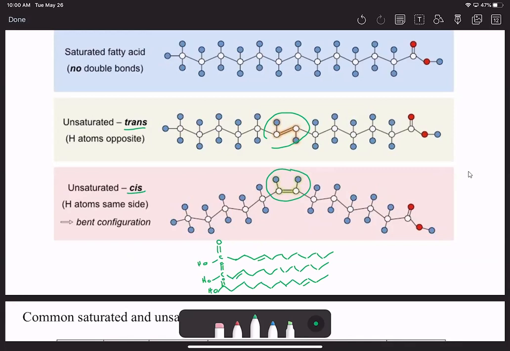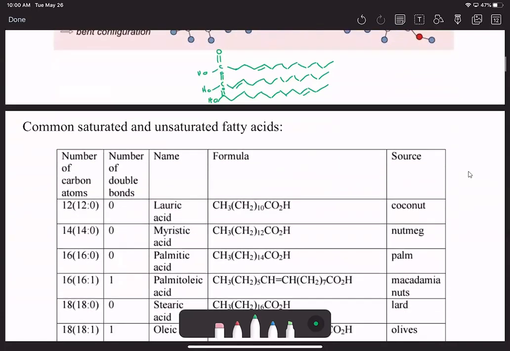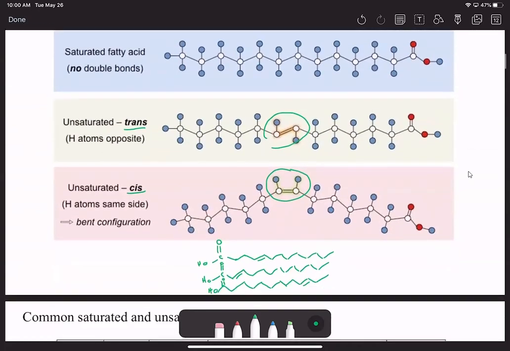but cis fatty acids, you'll notice, are liquid at room temperature, right? It's not like lard. We have saturated fatty acids like lard. We have some trans fatty acids that are still solids at room temperature. And then we have cis fatty acids, and you'll know a cis fatty acid because they're going to be liquid at room temperature.